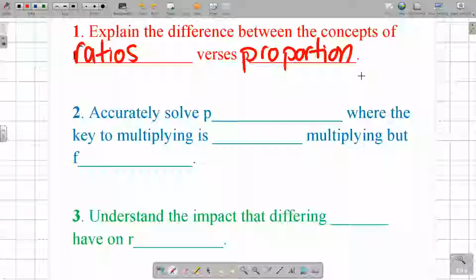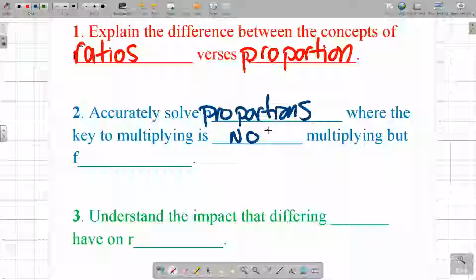We're going to explain the difference between the concepts of ratio versus proportion. Number 2, we're going to actually solve proportions, where the key to multiplying is not multiplying, but factoring.